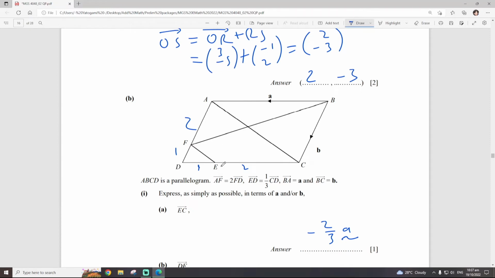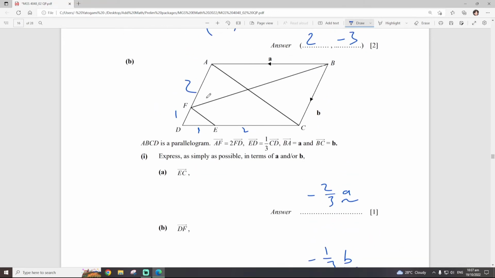Okay, so FE, formally speaking, needs to be expressed as a scalar multiple of CA. How should I go about this? Can I do FD and DE and compare it to AD and DC?